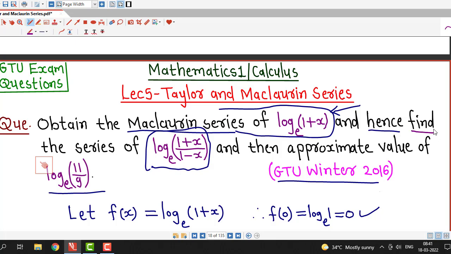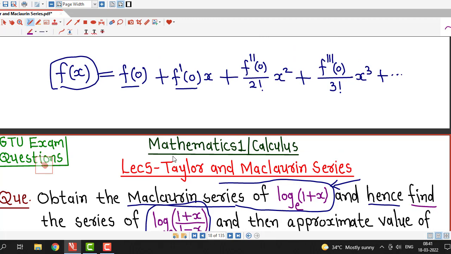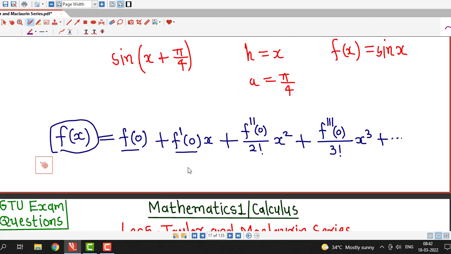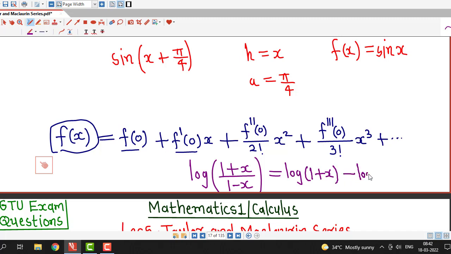In the second part we have to obtain the series of log (1 plus x) divided by (1 minus x). We are asked to obtain the Maclaurin series of (1 plus x) by (1 minus x). So we know that this is the function log 1 plus x minus log 1 minus x.